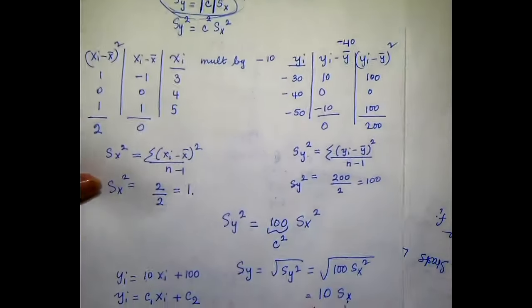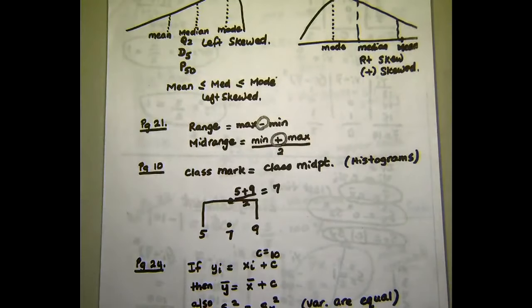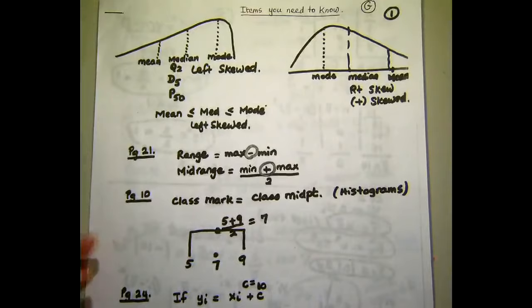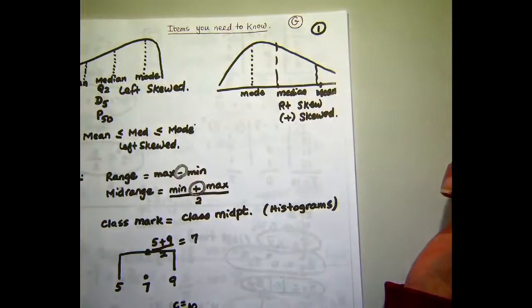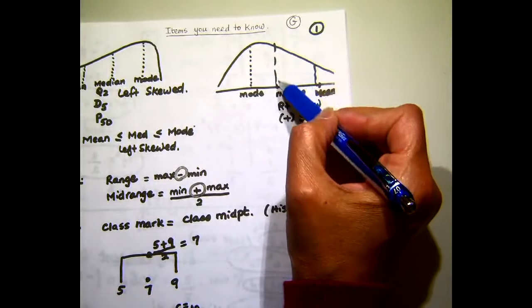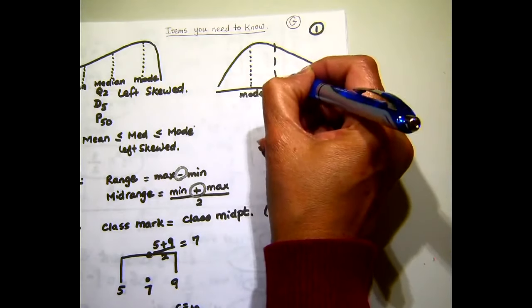Let's move on to the next packet. This packet contains a bunch of stuff that I want to make sure that I have mentioned in your class. So when you have a right skewed distribution, such as this one, the median, of course, is the middle value, which is P50.